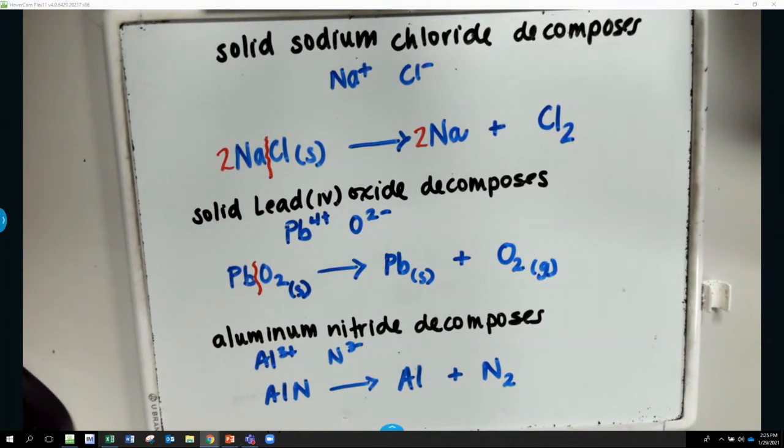So let's review what we've learned so far. We've learned 2 reaction types. We've learned synthesis/combination, and that is where you start with 2 or more substances and you make one product. You're combining things. You're making one product. So if you're doing synthesis, you are looking for that one product.